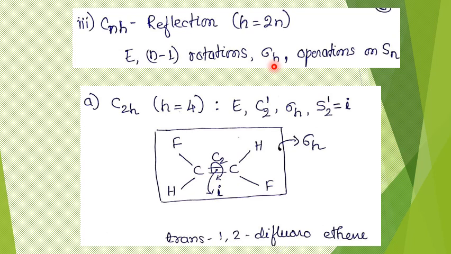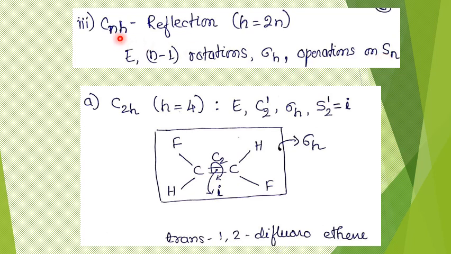Along with this, even though it's not indicated, when we have an n proper axis and along with that a plane which is perpendicular to it, when these two are simultaneously present, the product of these two operations, that is rotation followed by reflection in the perpendicular plane, readily implies that in the case of these molecules an improper axis must come.